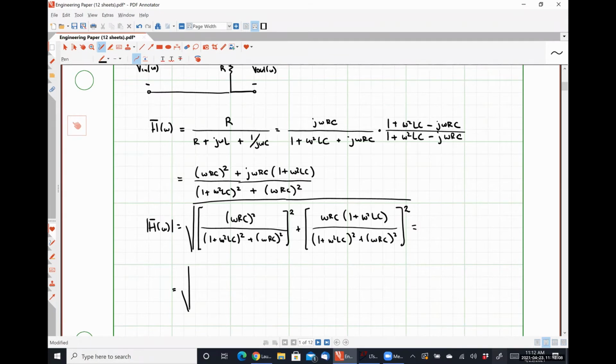And so I'm going to have a common factor of omega RC squared on both sides, right? So I'm going to have omega RC squared times 1 plus omega squared LC squared plus omega RC squared. Do you all agree with this? Let's start there.